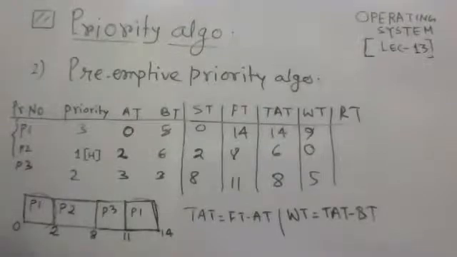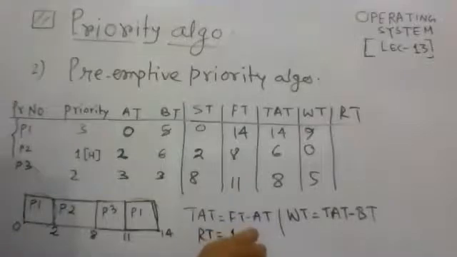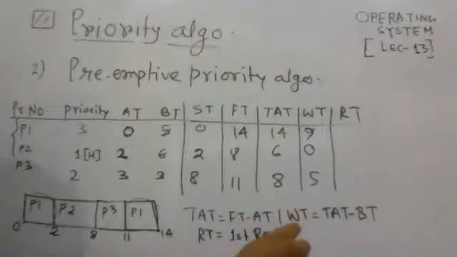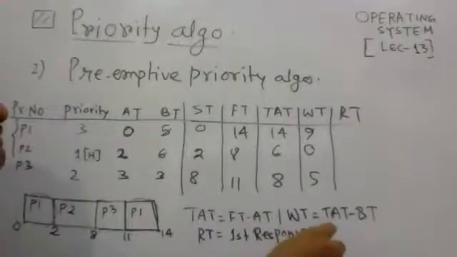And now response time. The formula for response time is first response minus arrival time. So please write this formula. Response time is equal to first response minus arrival time.